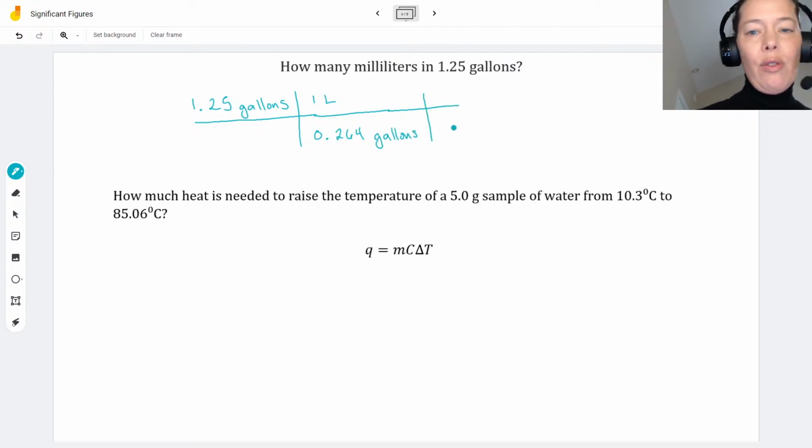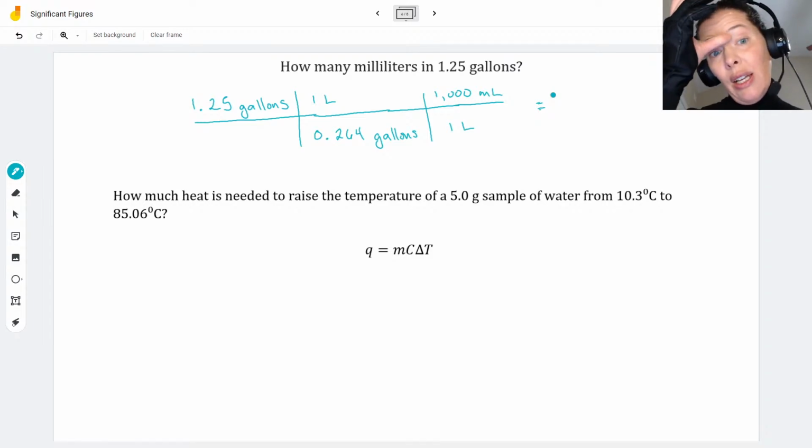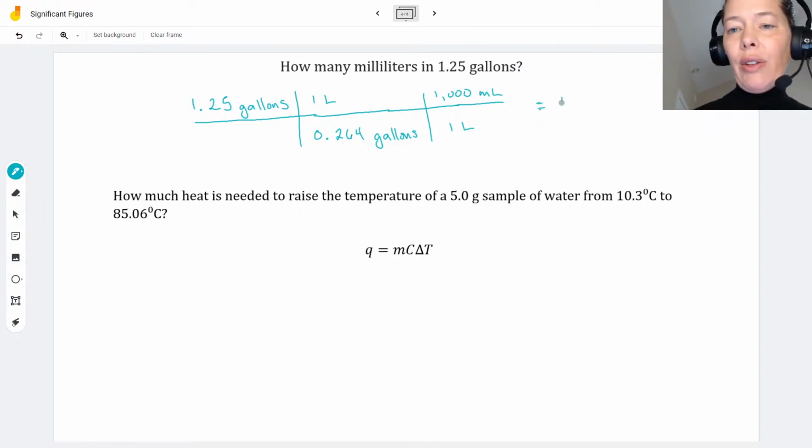And then, of course, there are 1,000 milliliters in 1 liter. Okay, so first, again, I'm just going to plug this into my calculator and get a number out. And, of course, I get a rather large number.